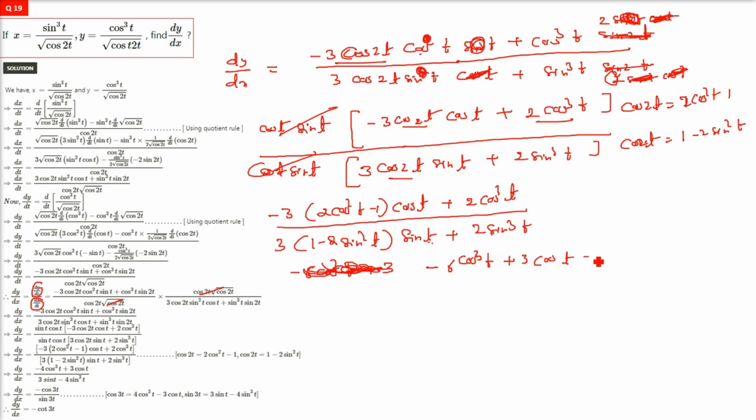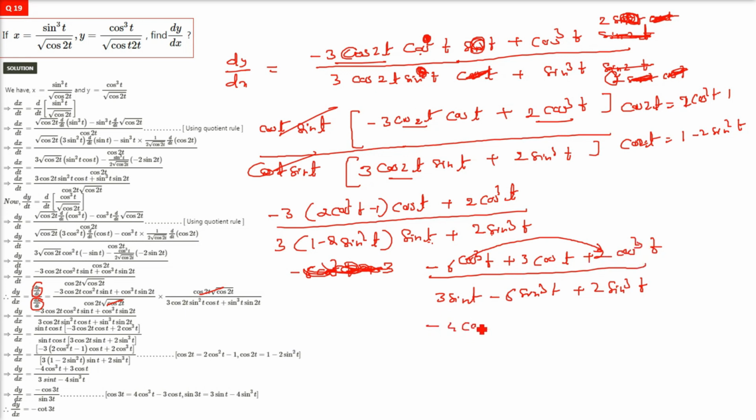So minus 6 cos cube t and 2 cos cube t in the numerator. There is 3 cos t also. In the denominator you have what? See, 3 sin t minus 6 sin cube t plus 2 sin cube t. So 2 minus 6 is minus 4. So what do you get? Minus 4 cos cube t plus 3 cos t. And I am taking a negative out from here, though I am not showing it, because we have to make the formula.